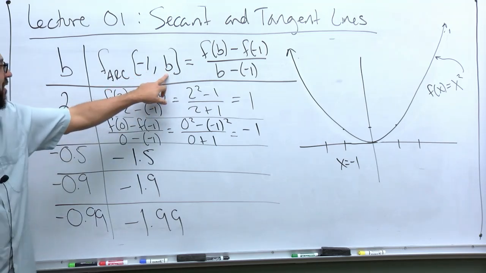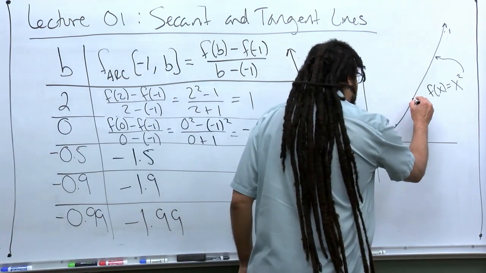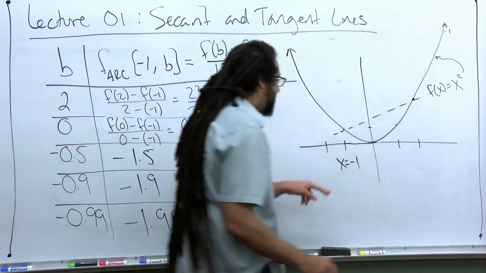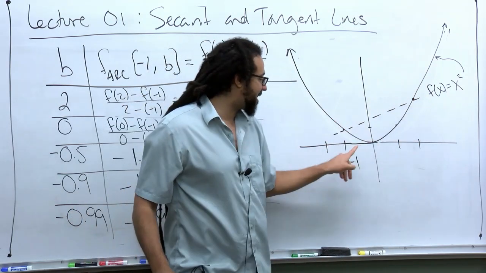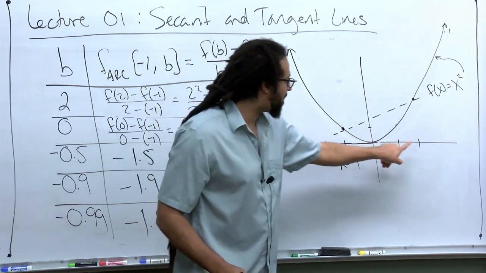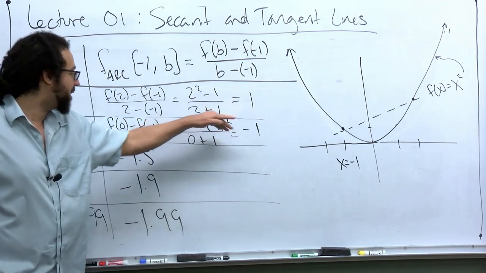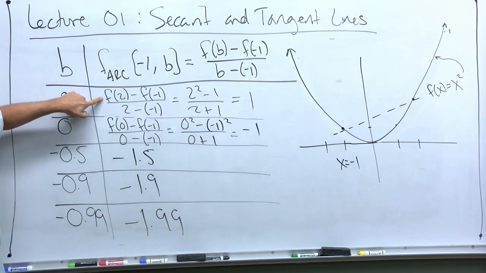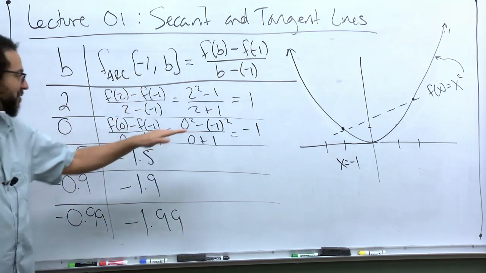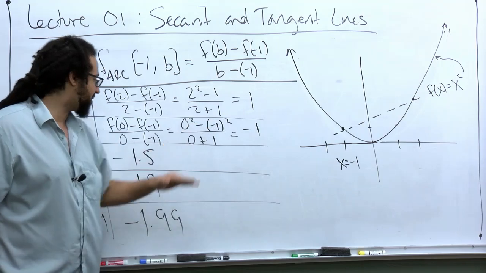So that's going to be our right-hand endpoint. We saw before that the slope of this secant line connecting the point (-1, 1) and (2, 4) was equal to 1. And remember, that's just f(2) minus f(-1) over 2 minus -1, and that just reduced down to +1.